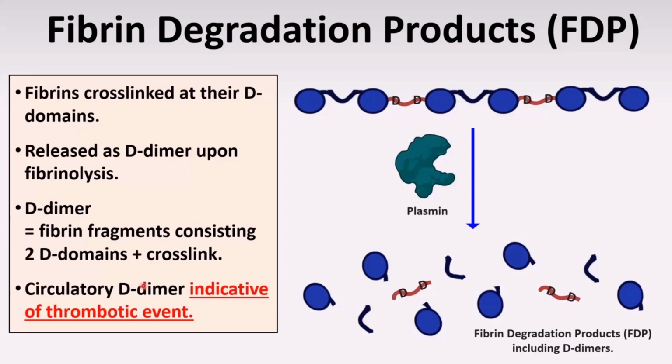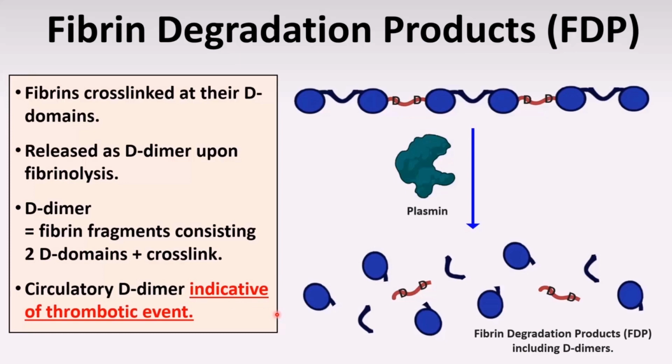So D dimer is a good indicator for us to have a sense of whether thrombosis is happening in the body. How do we apply this? It's something that we will learn in the in-person lecture later on.